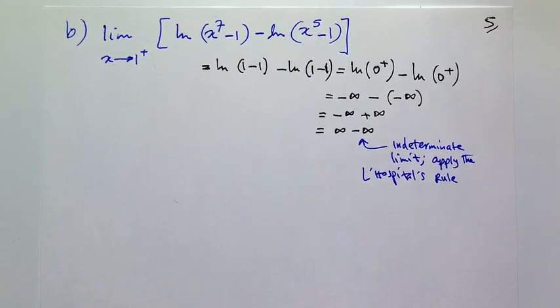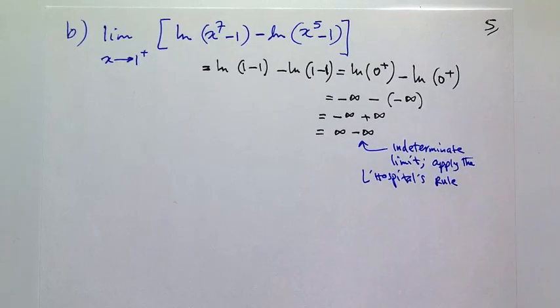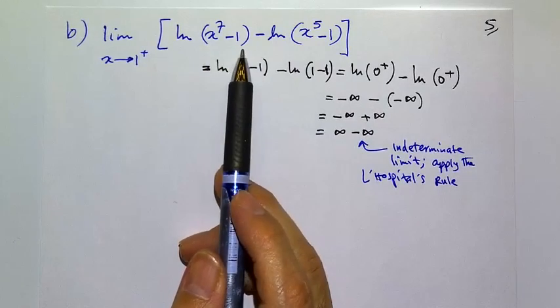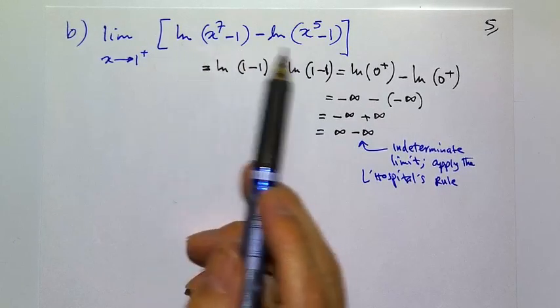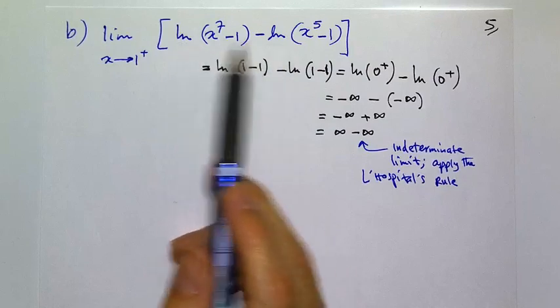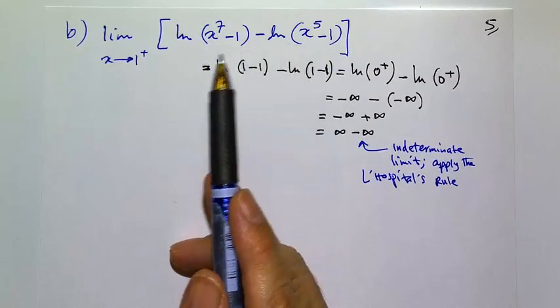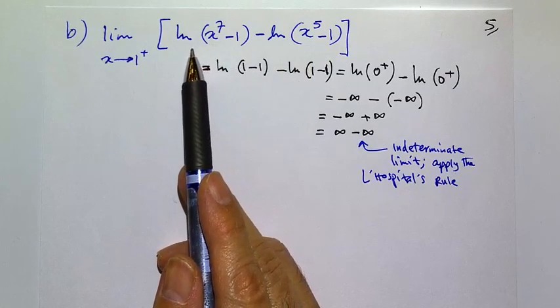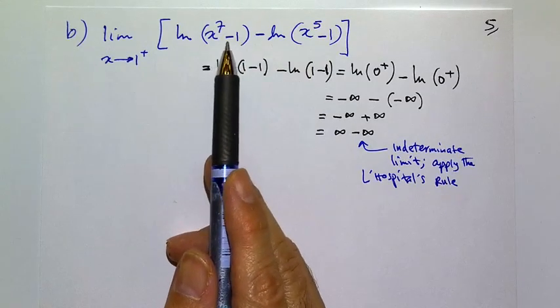Okay. All right. So the first thing we have to do is, of course, figure out a way to rewrite this in fraction form. And because this is a difference of two natural logs to the same base e, we can easily apply the natural log properties and rewrite this in a fraction form, right?